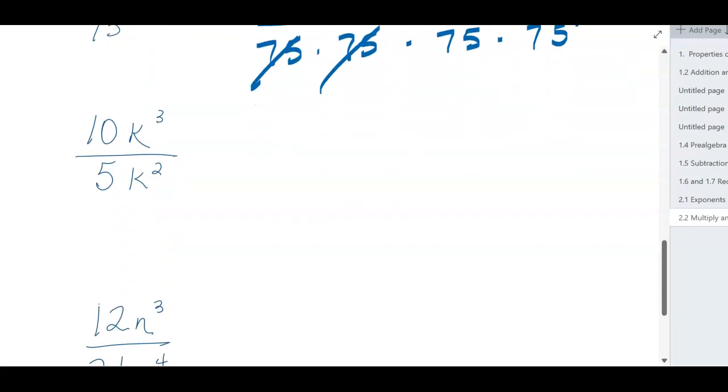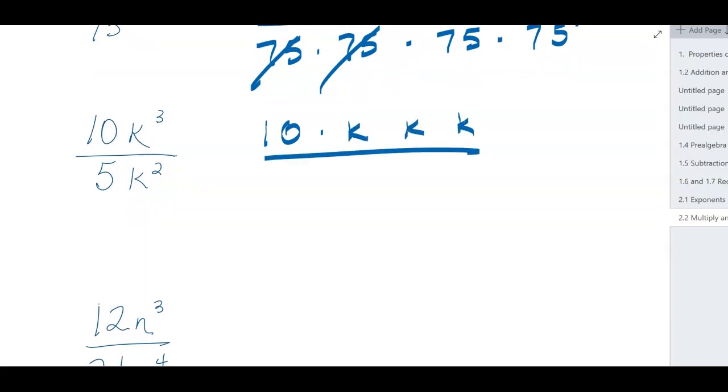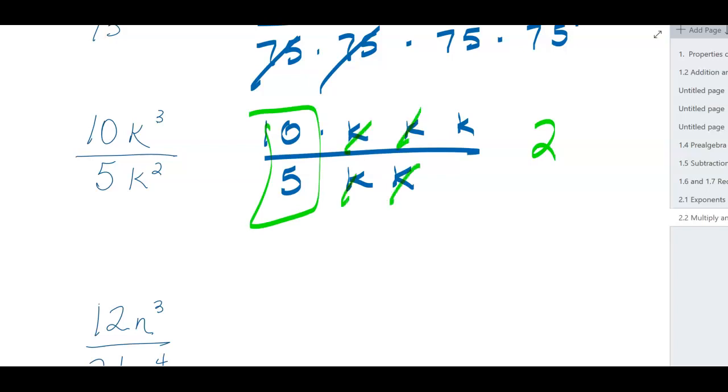Looking at this one, you have 10 times k times k times k over 5 times k times k. 10 and 5 are going to simplify to 2. And these are going to cancel, and you have 2k. Now, I know you'll be tempted to say 2k over 1, but that is not convention. Convention says if you have a numerator and no denominator, just leave it as a whole number.